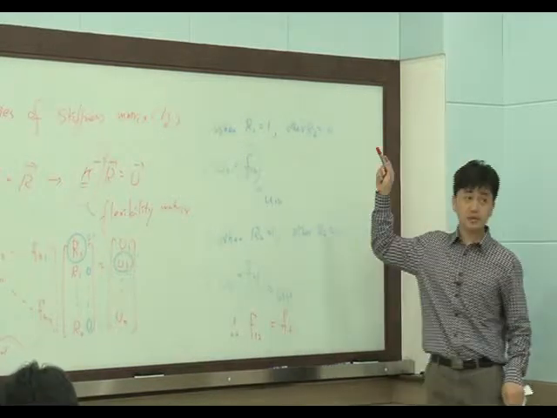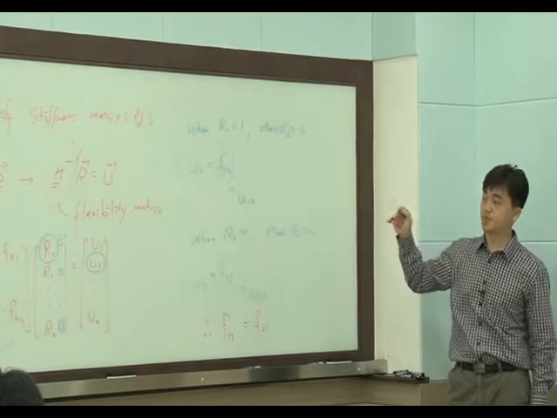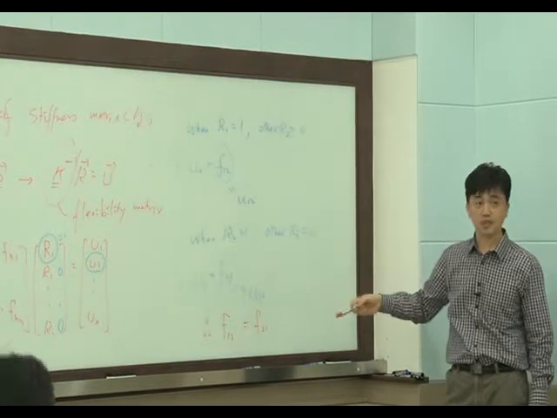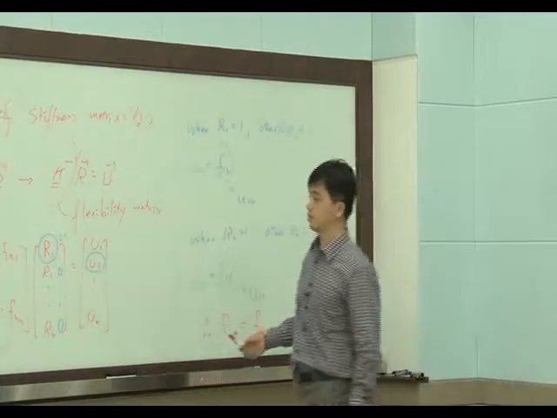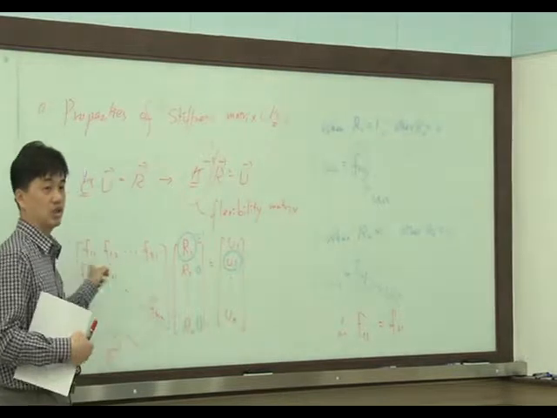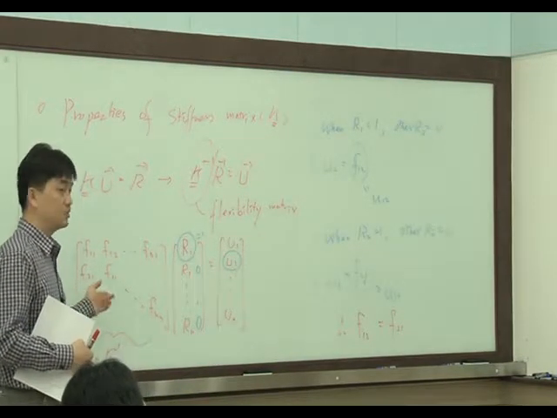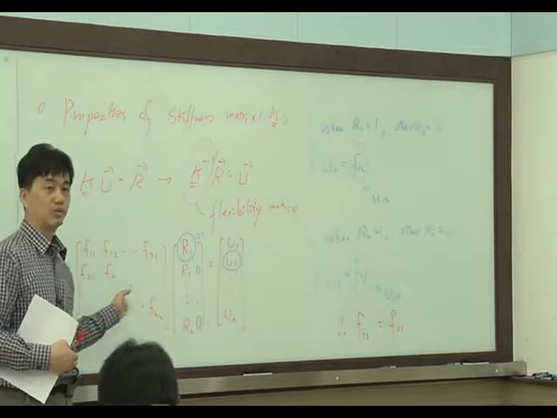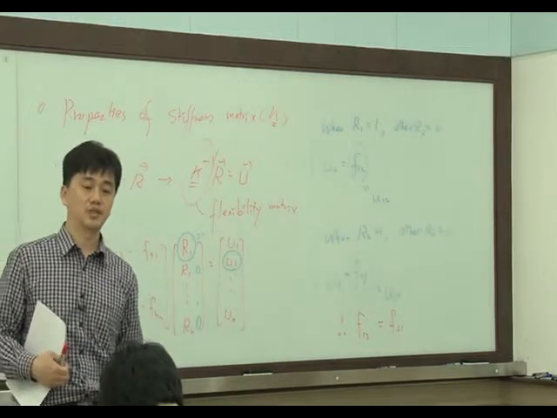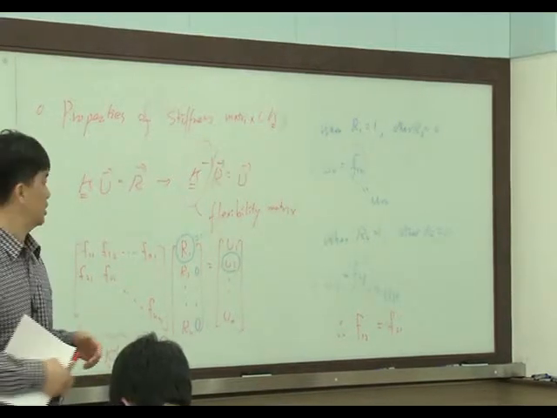For other loads and displacements, we can do exactly the same job. Then we find this flexibility matrix is symmetric. So the inverse of the flexibility matrix, the stiffness matrix, is symmetric too, right?